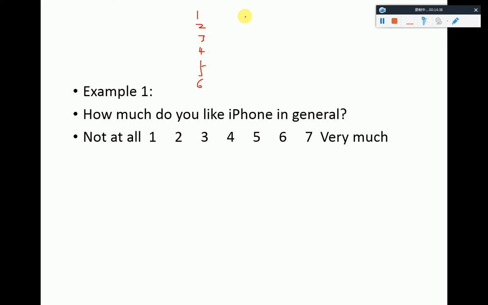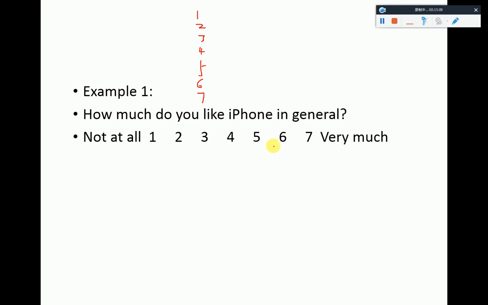Let's say the first person is going to give a number 1. Okay, let's do it this way. Scratch that, but we can leave these numbers on. So instead of using 1, 2, 3, 4, 5, and 6 to represent the 6 of us, we can add a number 7 here to represent the 7 values.